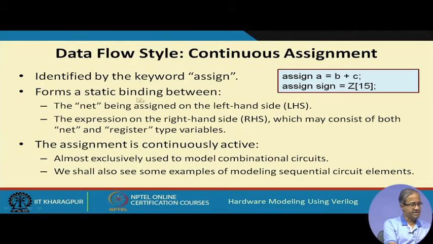And this is called continuous assignment because this is continuously active. There is no signal that tells you when this operation will be carried out and when the output will be stored in that target. Whenever one of the inputs changes, the output net value will be affected right away after the necessary delay of the circuit.